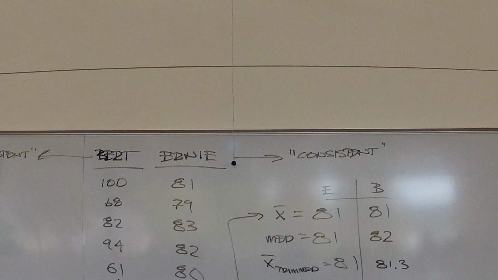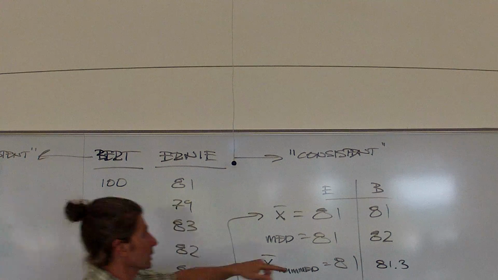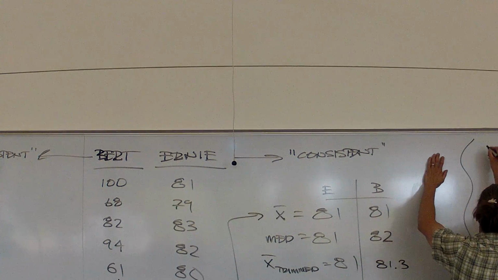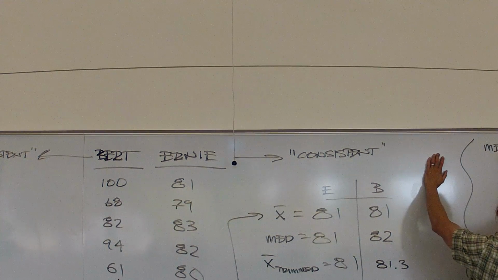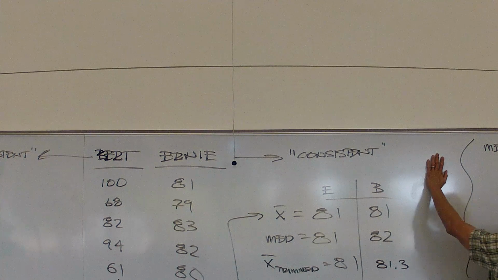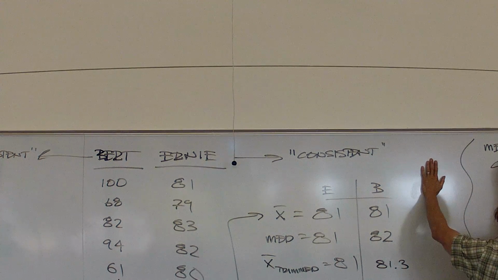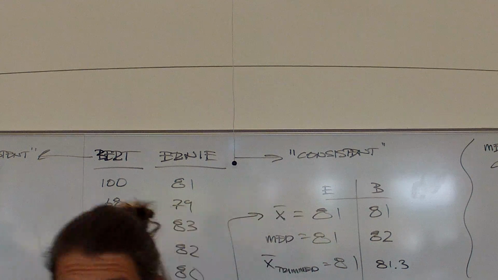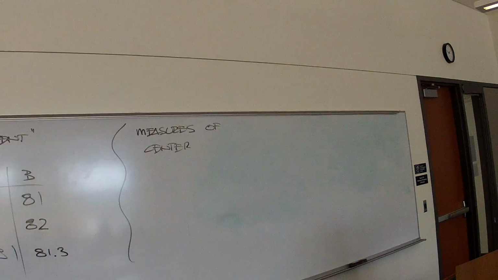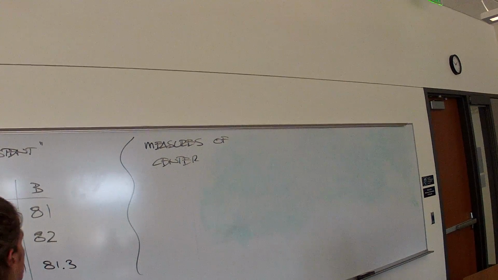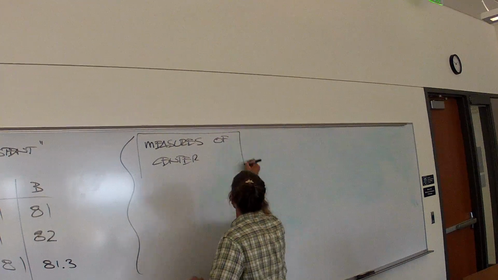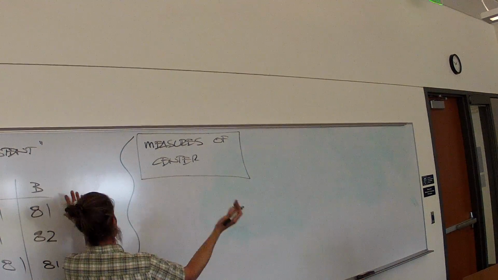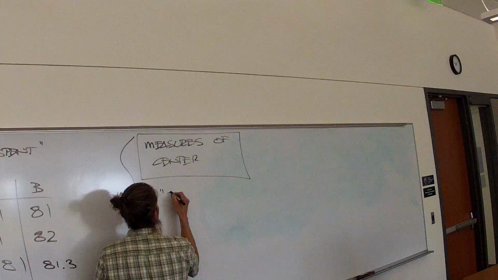So there's a problem. The problem is that on center, on average, they're exactly the same. So let's draw a little distinction here. Measures of center. And the words you guys were using?